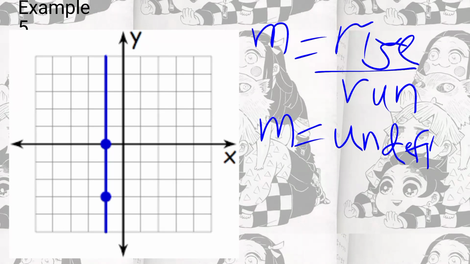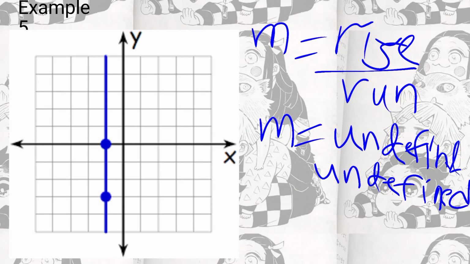Ipakita natin na undefined ang makukuha nating slope. Ulitin ko yung sulat. Undefined. Hirap lang isulat dito sa phone eh. Yan, undefined. Okay?